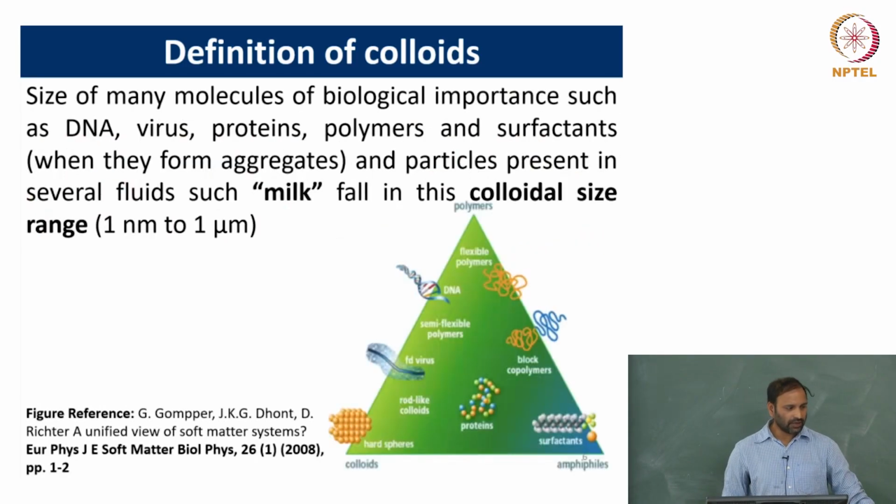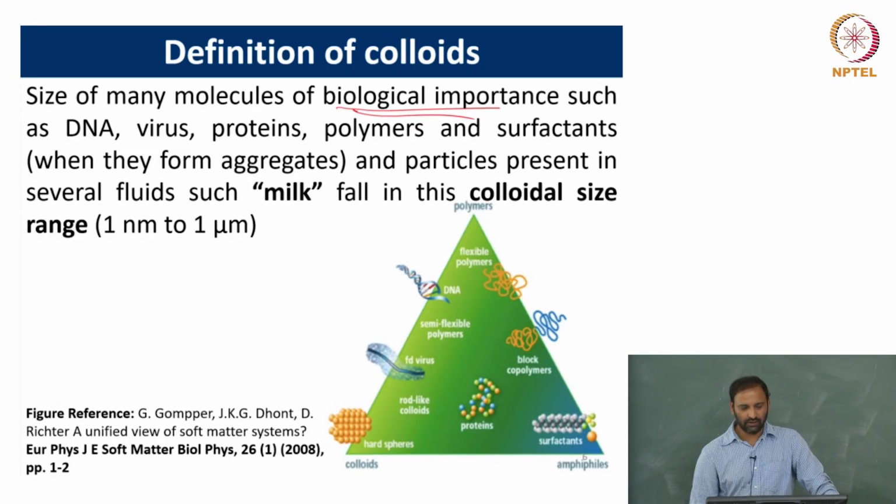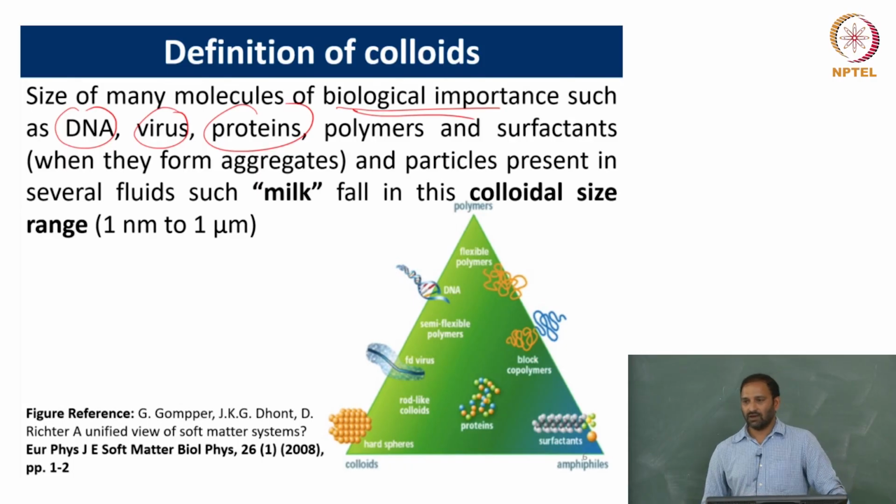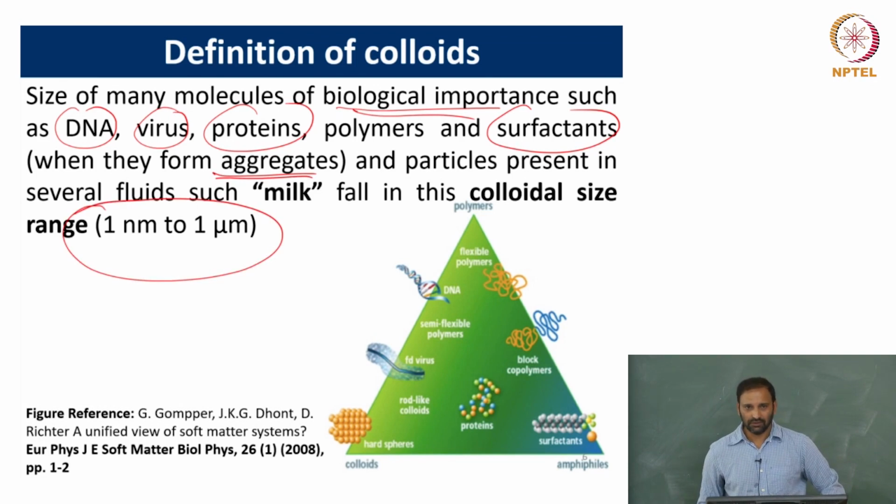Now, it turns out that a lot of materials that people work with, and a lot of materials that are biologically important, for example DNA, viruses, proteins, and a lot of consumer products, for example detergents and shampoos which have surfactants, all these molecules, when you put them in solution, when you put them in water, form aggregates whose size again comes in the size range between 1 nanometer to 1 micrometer.